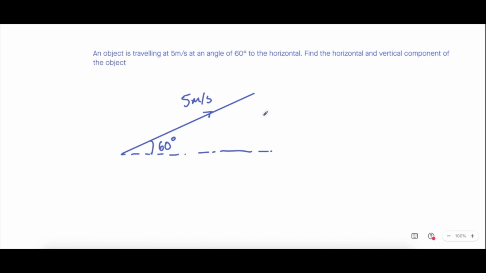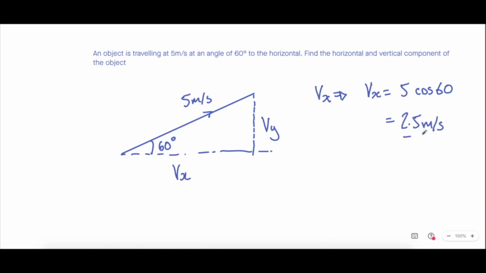We want to work out the horizontal and vertical component. So this is our horizontal component, Vx, vertical component is Vy. So if we want to work out Vx, then again, that's going to be adjacent and hypotenuse, so that's going to be cos. So we can say that Vx is equal to 5 cos 60, which gives us an answer of 2.5 meters per second if you put that in your calculator.